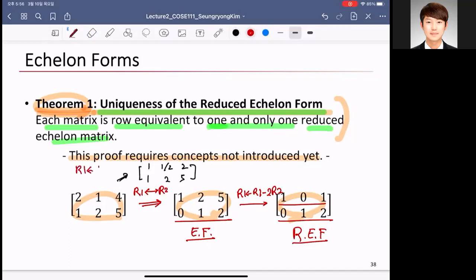R1 is equal to 1 over 2 R1. Right? Then by just adding this one, I mean just substitute the subtract, because subtract is also added, right?